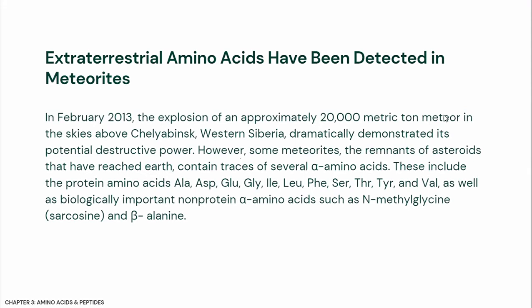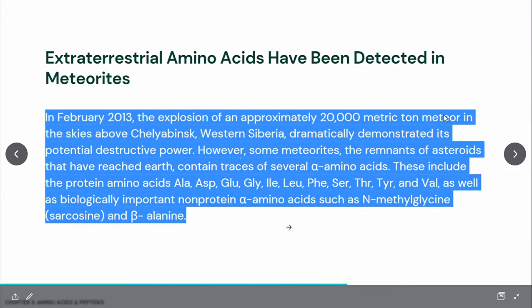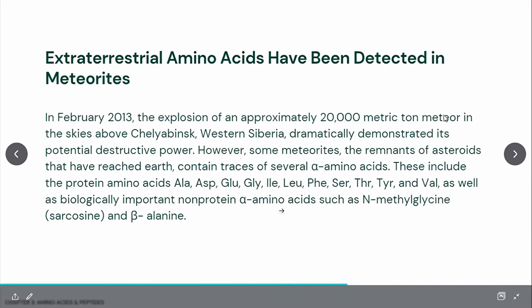This is in Siberia. And when they examined the meteorite, it contained these amino acids: alanine, aspartate, glutamate, glycine, isoleucine, leucine, phenylalanine, serine, threonine, tyrosine, and valine.